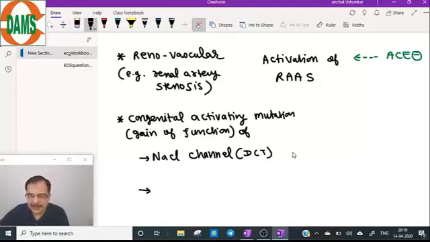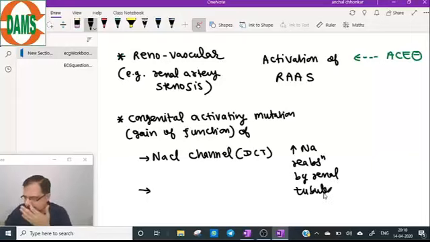So the mechanism is increased sodium reabsorption by the renal tubules. This is not Liddle syndrome.